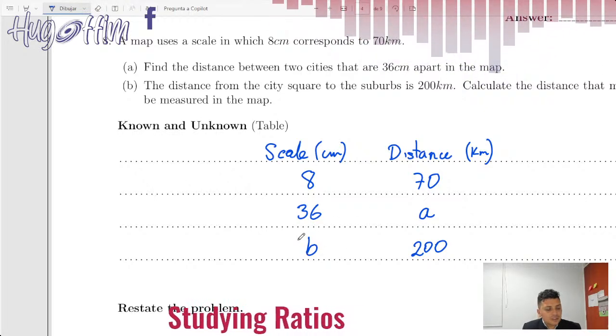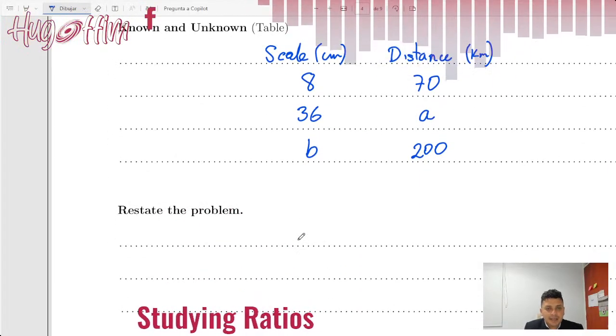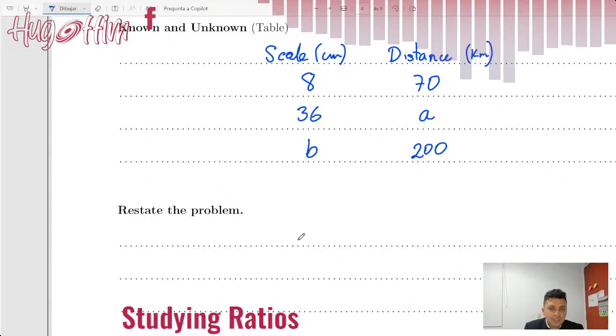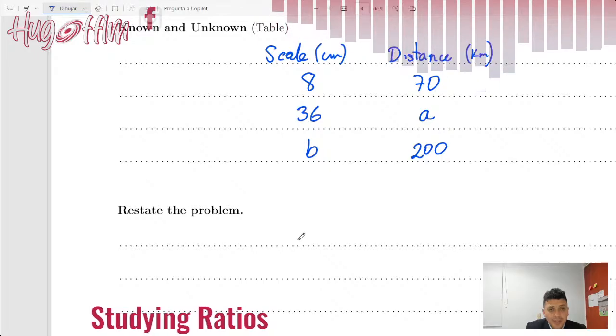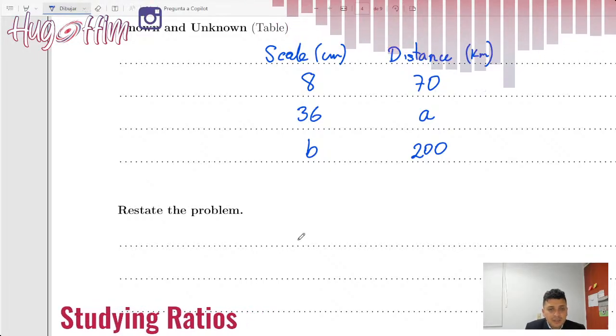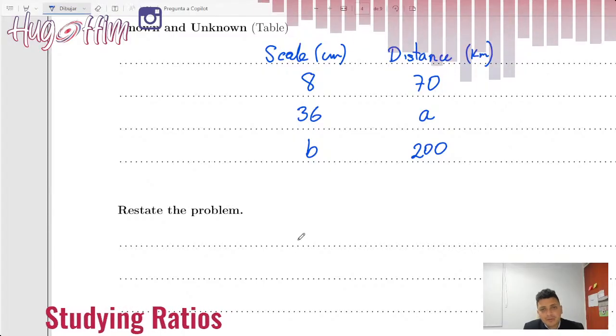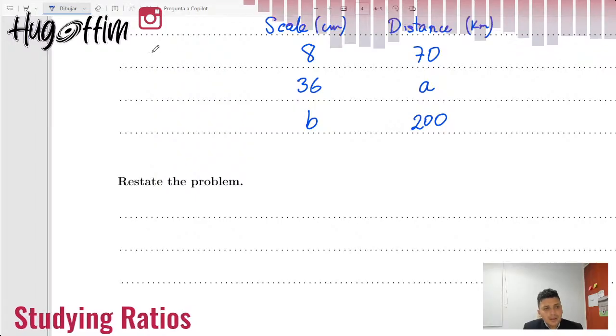Now I can restate the problem by rewriting it: I have a scale of 8 centimeters to 70 kilometers, and I want to know what happens with 36 centimeters of distance and 200 kilometers of distance. I'm going to solve it by using direct variation again.